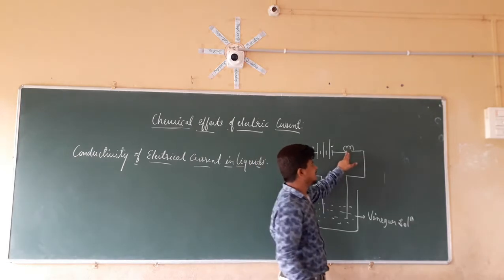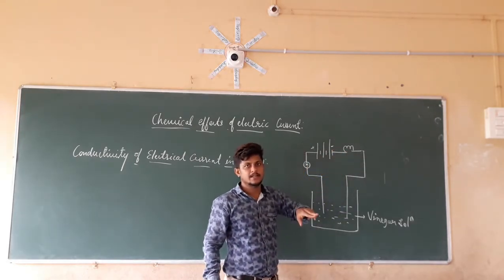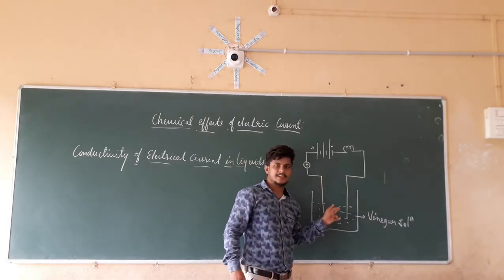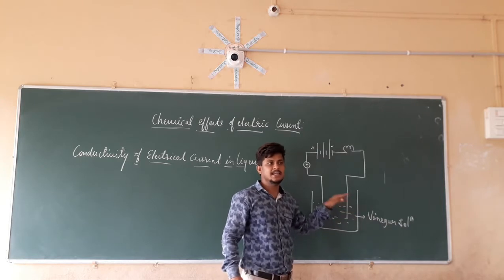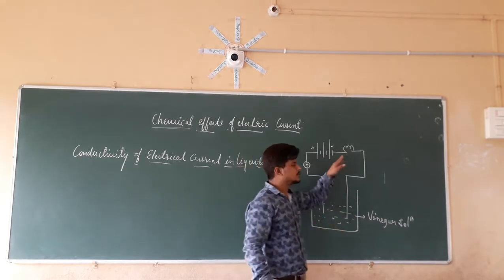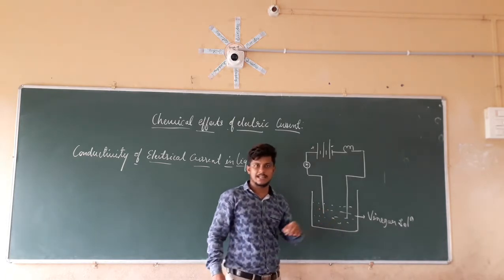If the bulb is glowing, then we can say that there is conduction of electrical current in the liquid. If the bulb does not glow, then there is no conduction of electricity.